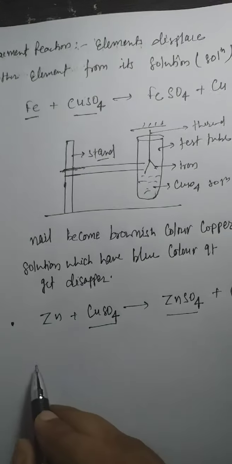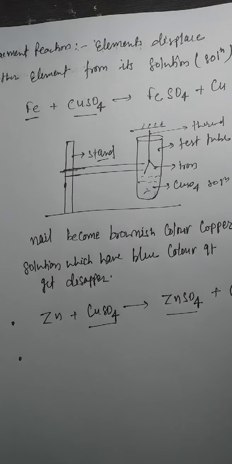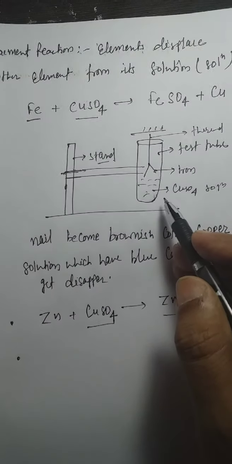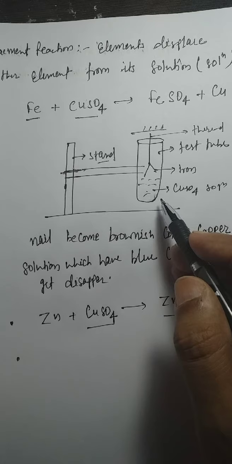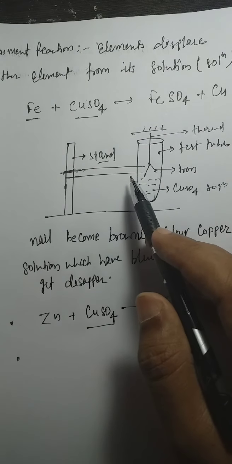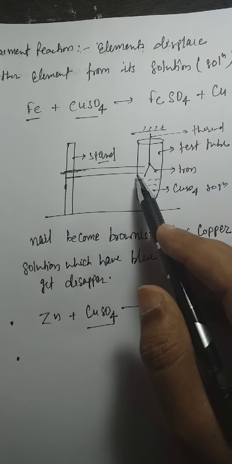If you want more examples, or in the examination someone asks you to write what a displacement reaction is, or to write short notes on displacement reaction, you have to write it. If it carries large marks, you should definitely give the figure also, as it enhances your marking.